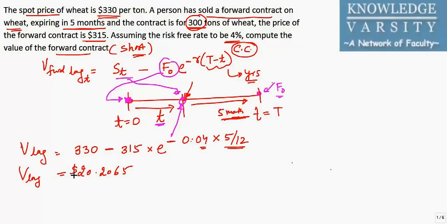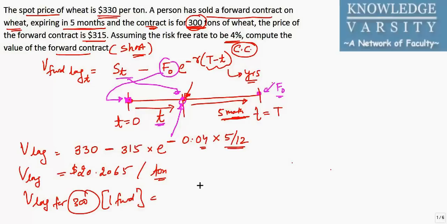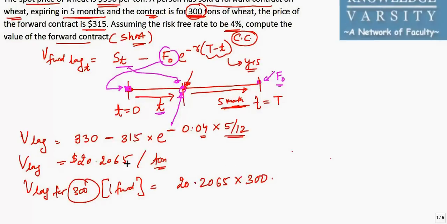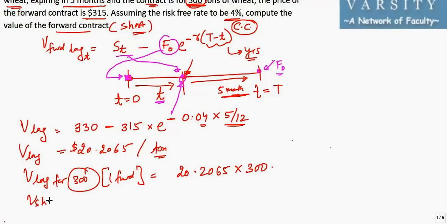Please note that this is for 1 ton of the contract. Here they said that the contract is for 300 tons, so the value to the long for 300 tons, that is for one forward contract, would be 20.2065 into 300. Now we know that the value of the short is equal to the negative of the value of the long.